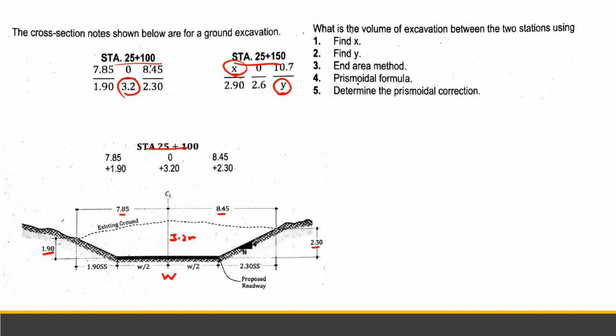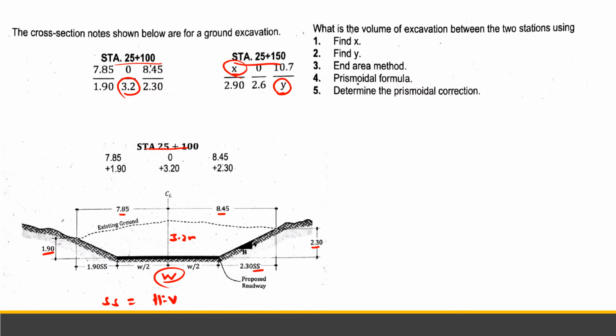Before we proceed to finding the unknowns X and Y, we will first find the side slope. So side slope is horizontal over vertical. We need to find the side slope so that we can determine our W.